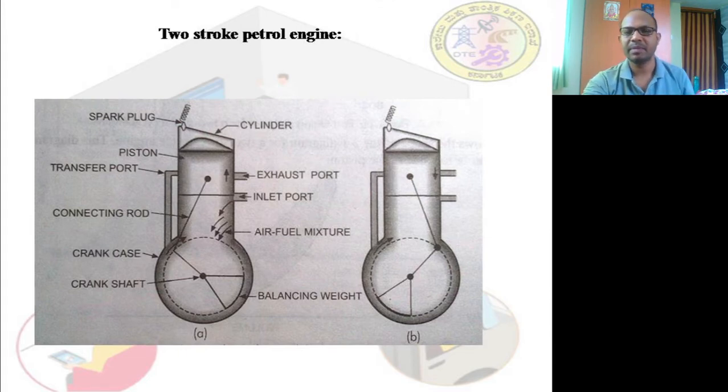Please keep it in mind, they are not valves, they are ports. We have an inlet port, an exhaust port, and also the transfer port. Three ports are there in the two-stroke engines: inlet port, exhaust port, and transfer port.